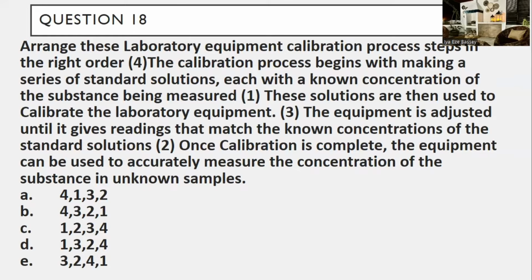And 2 says once calibration is complete, the equipment can be used to accurately measure the concentration of substances in unknown samples. So your answer is 4 first, then 1, then 3, then 2.